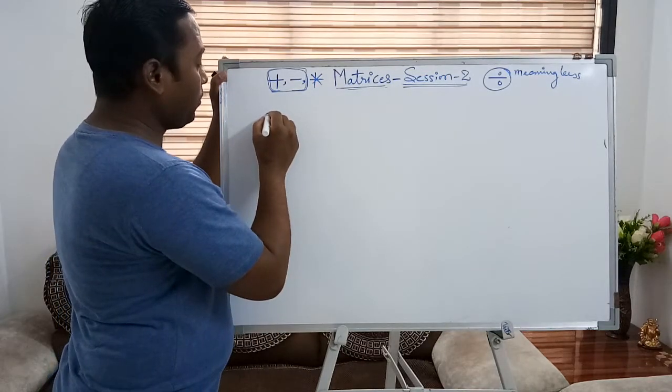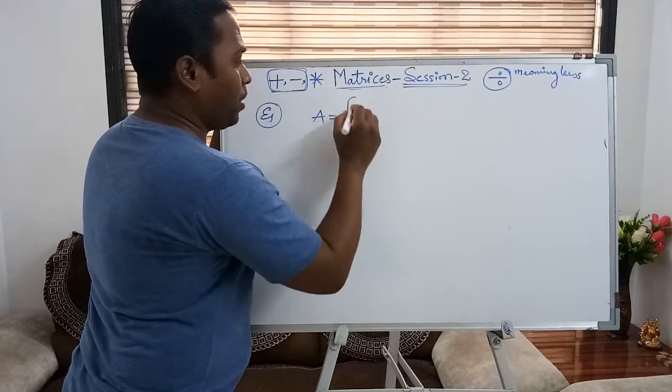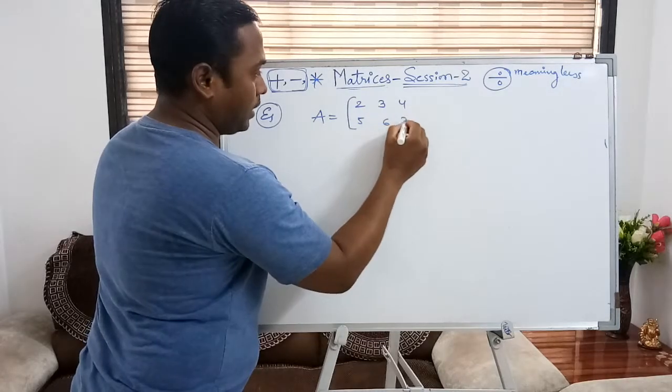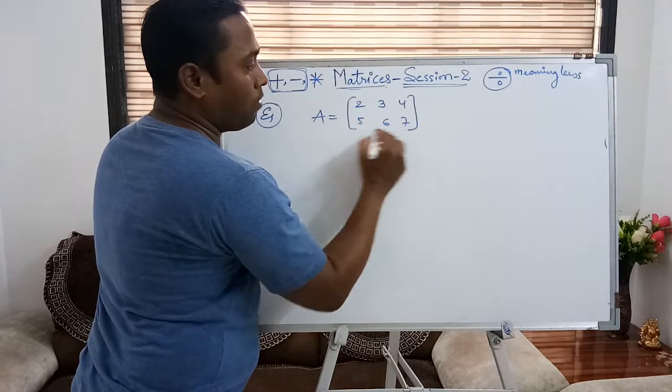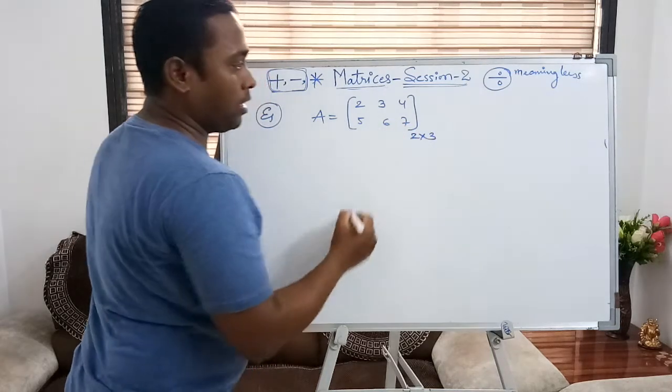Now, for example, I am taking the matrix A whose entries are 2, 3, 4, 5, 6, 7. What is the order of this matrix? There are 2 rows and 3 columns. So 2 by 3.